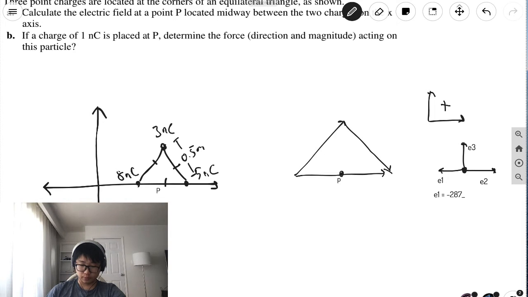If the whole thing is 0.5, then the distance from P to test charge number 1 is half. Yes, the whole thing is 0.5.